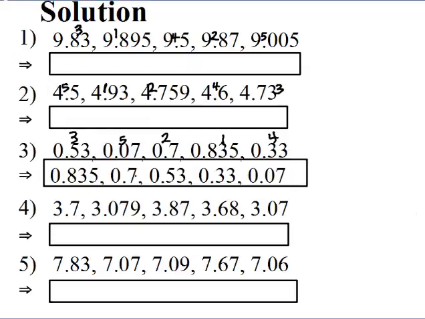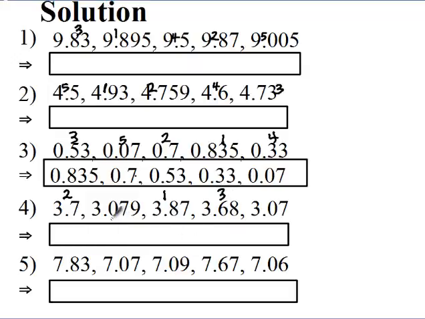In the 4th one, they all have 3 each in their whole number parts. Move on to the 10th column. The biggest number is 8. This is the first one, which is the next biggest number, 7. So this is the second one, followed by 6.